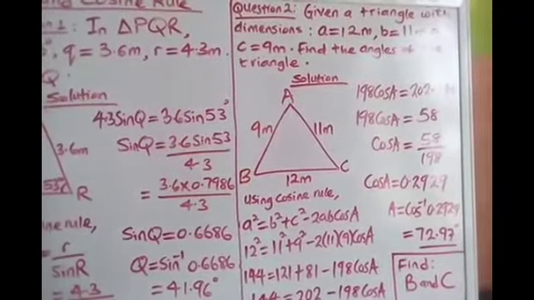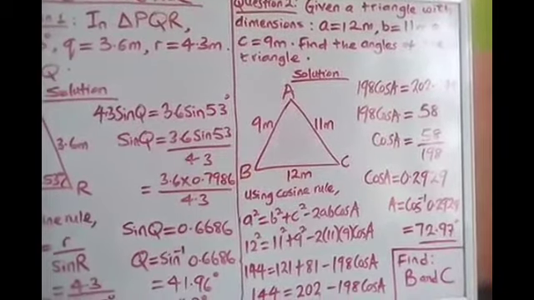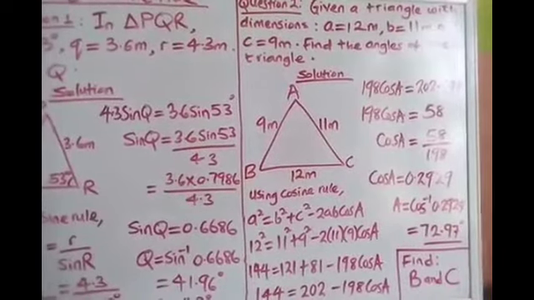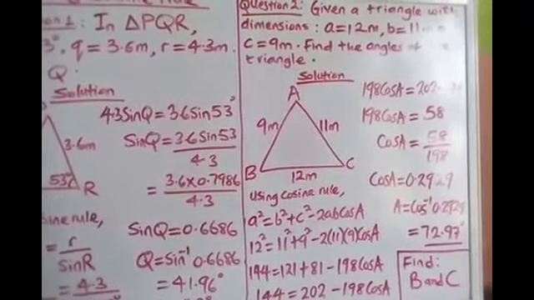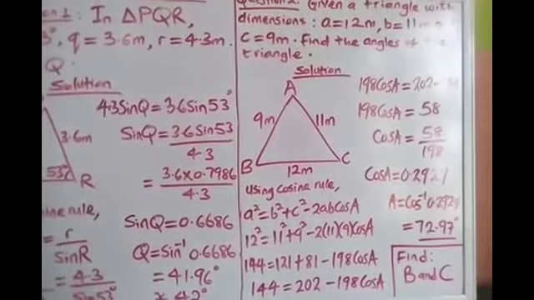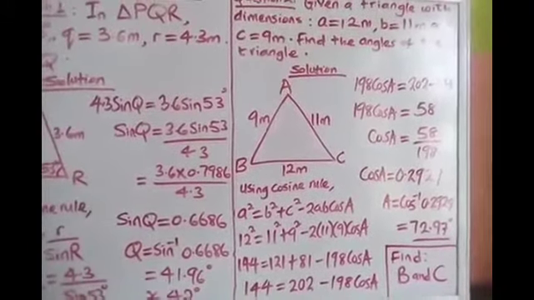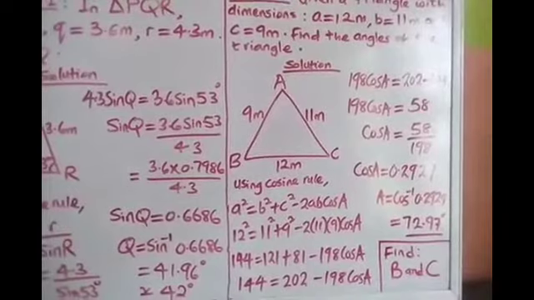So, to solve this triangle, we are going to use cosine rule, because one of the conditions in cosine rule says if all the three sides are given, we can apply cosine rule. So we draw a triangle. This triangle is not to scale. We just draw a triangle ABC and we input the given data.